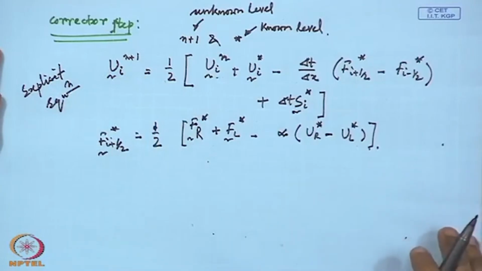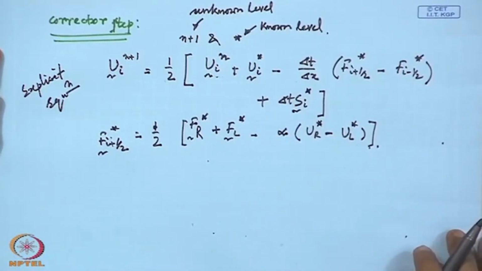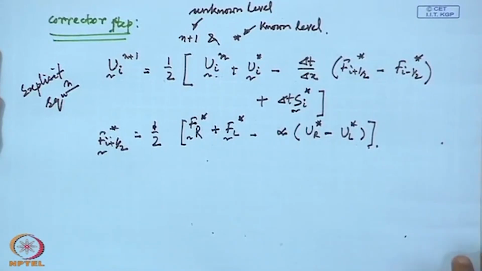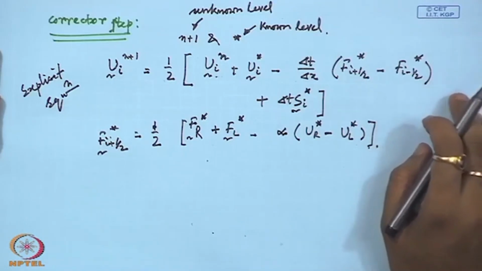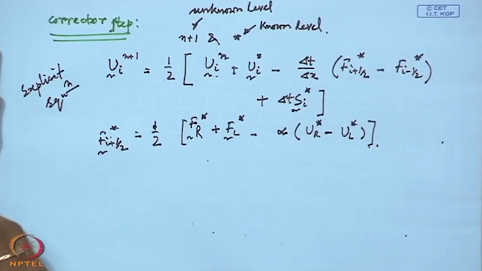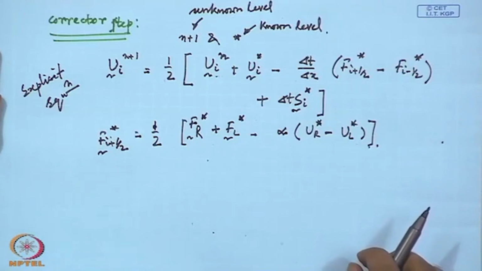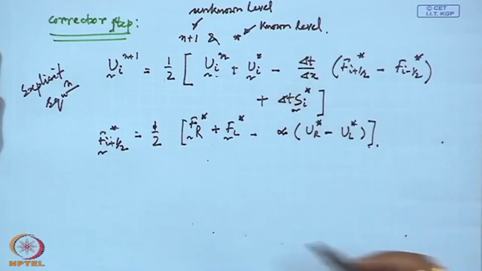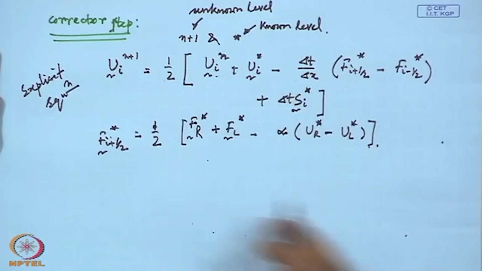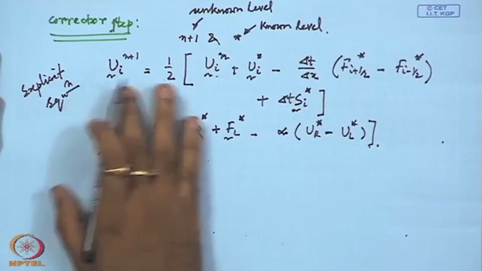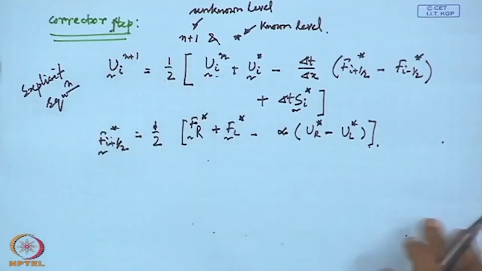So, we can directly solve this. In this particular equation, only the source term is evaluated using predicted value of H and Q. So, these two steps we can calculate using explicit equations, and finally, we can get n plus 1 level value for this one.